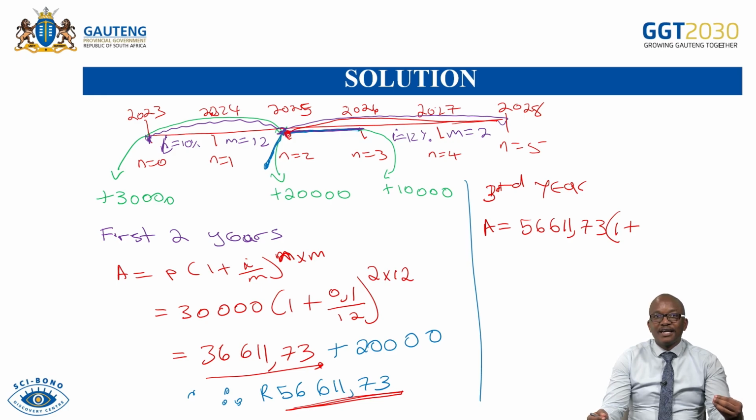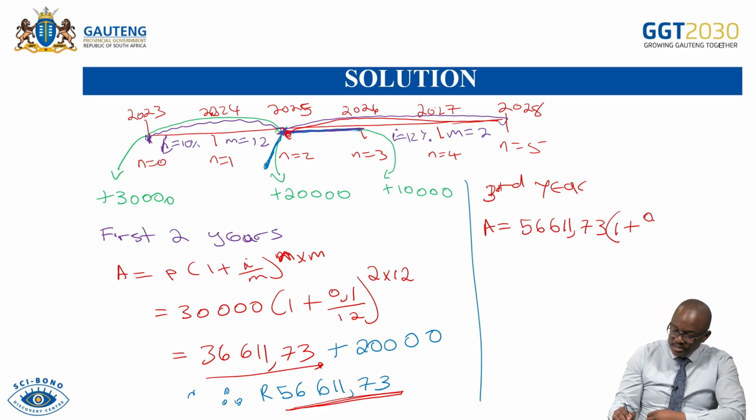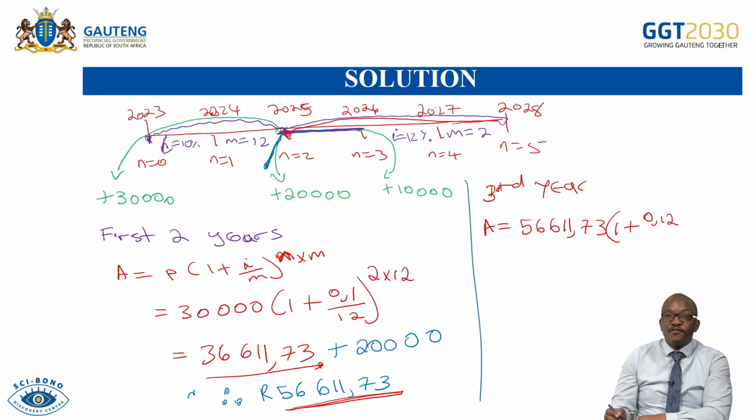Correct? Interest has changed to what? To 12%. So it's going to be 0.12. If you say 12 divided by 100, you get 0.12. Then now it's 2 because it was semi-annually. For how many years? For 1 year.